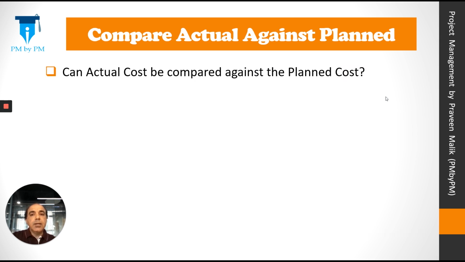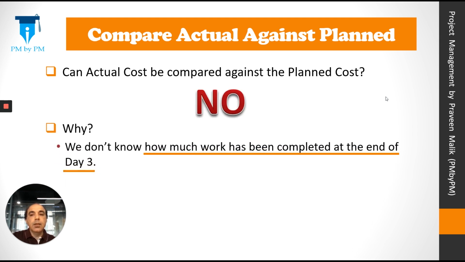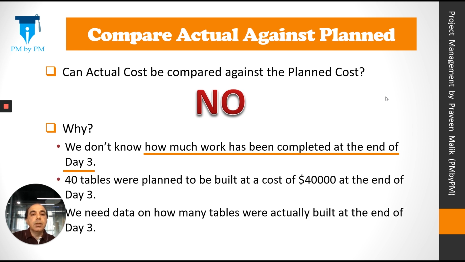Can actual cost be compared against the planned cost? Big no. Why? We don't know how much work has been completed at the end of day 3. 40 tables were planned to be built at a cost of $40,000 at the end of day 3. But have we built 40 tables? Or have we built 35 or 30 or maybe 50? We don't know.